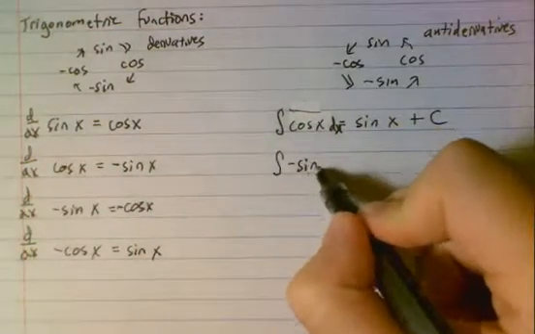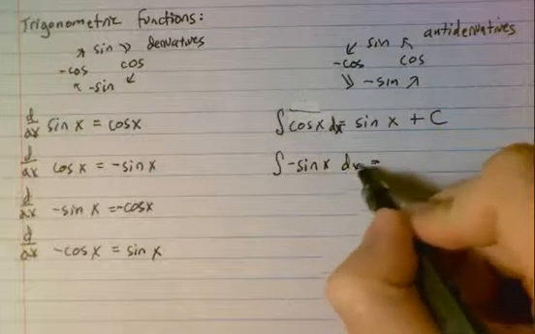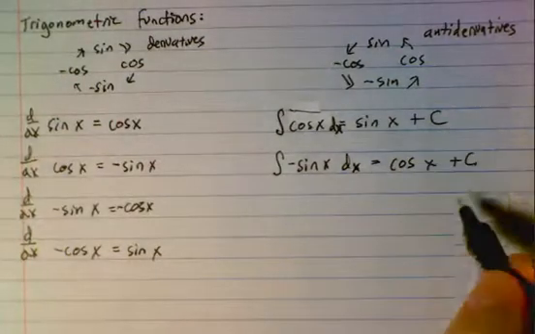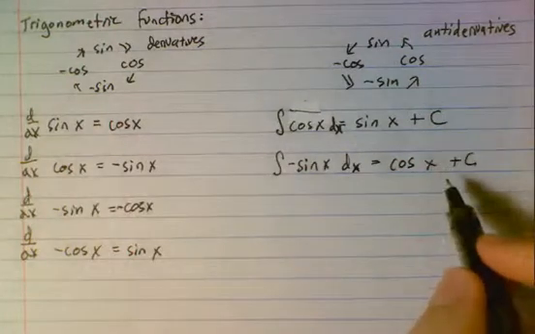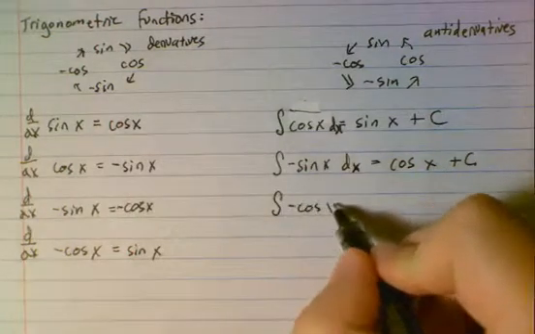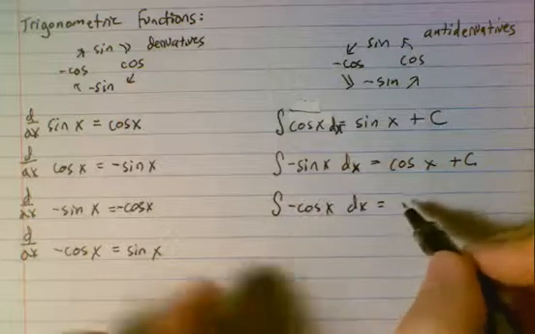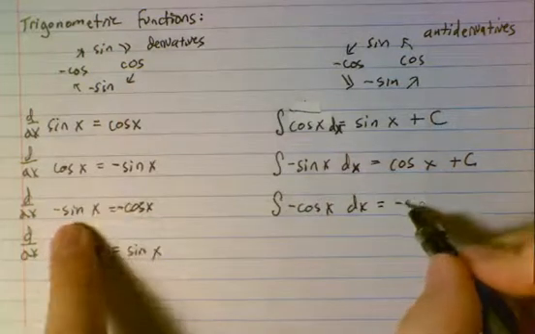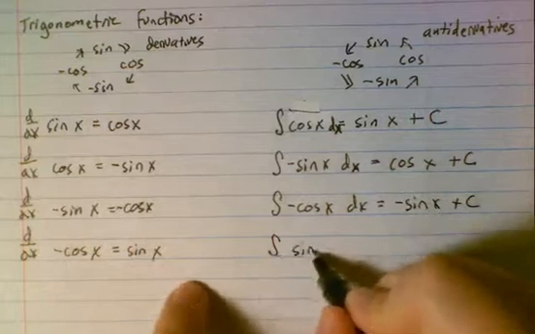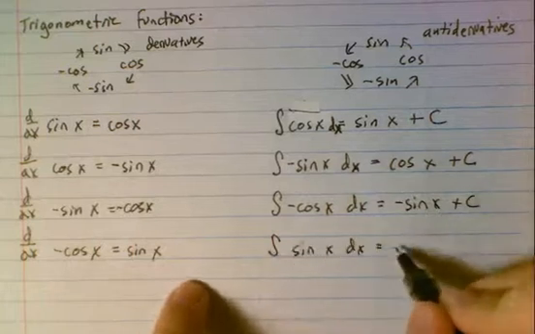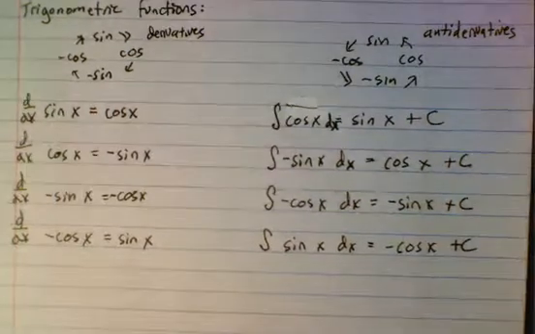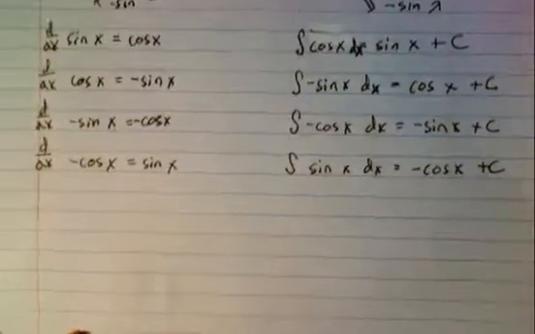The antiderivative of negative sine of x dx is cosine x plus c. Gotta have the plus c, every single one of them. The antiderivative of negative cosine of x dx, going the other way, is negative sine of x plus c. The antiderivative of sine of x dx is negative cosine of x plus c.